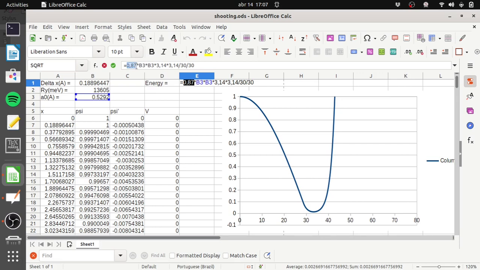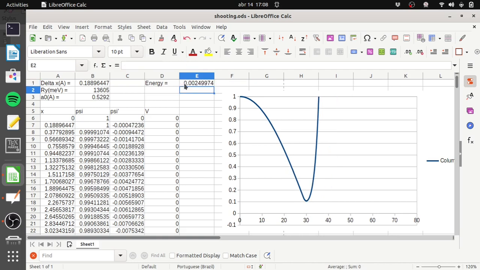But this is not an infinite quantum well, right? I mean, I'm using a quantum well that has a finite size, finite height, right? But maybe I could get a little bit better number if I have an effective length. Let's say instead of 30 angstrom, we have 31 angstrom. In this case, maybe I could go to 90%.